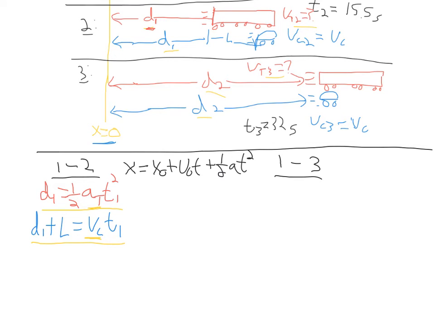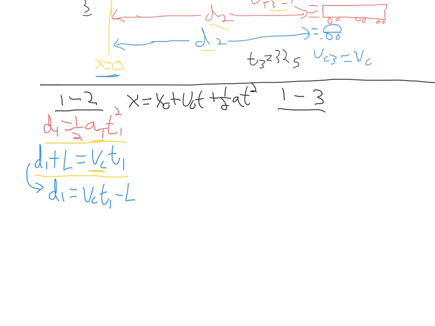I'm going to rewrite this equation as d1 equals velocity of the car times time minus L. Now I can combine these two equations into one single equation, maybe in green, because I know that d1 always equals d1. It's the same value, so they're going to be equal to each other.